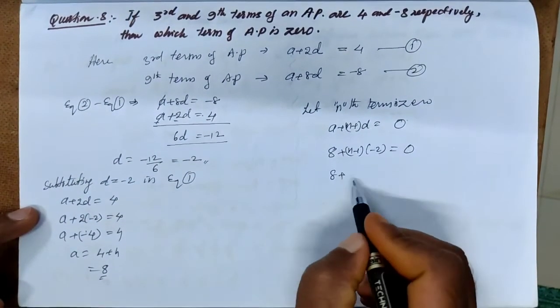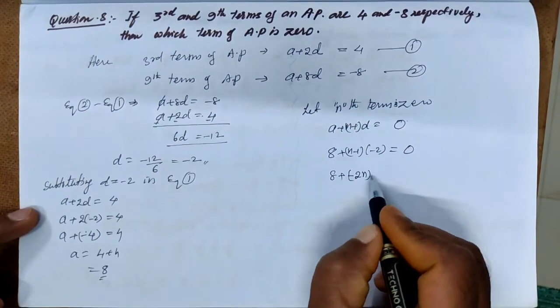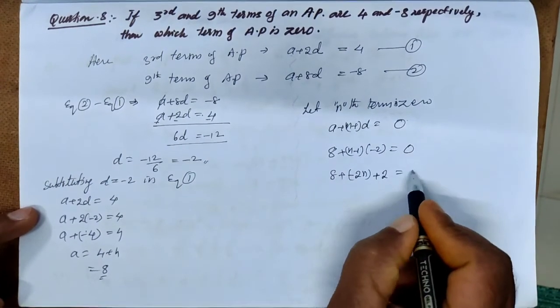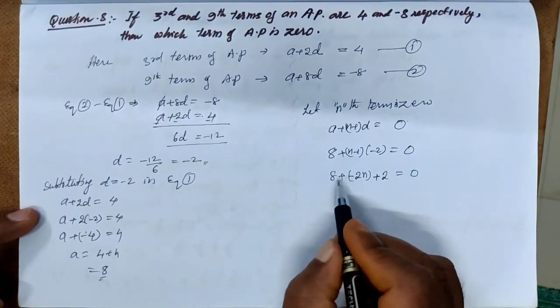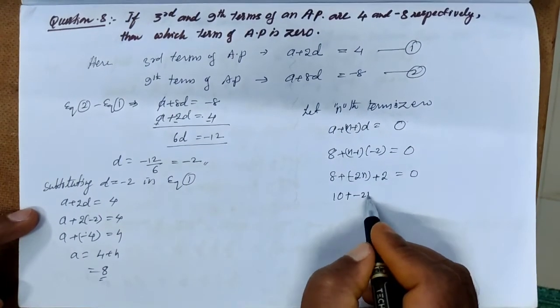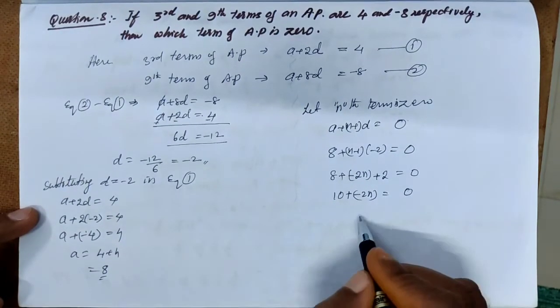Now 8 plus minus 2 into n, minus 2n, and minus 2 into minus 1, plus 2. Now the sum of these 8 and 2 is 10. 10 plus minus 2n is equal to 0. Now transpose this 10 to that side.